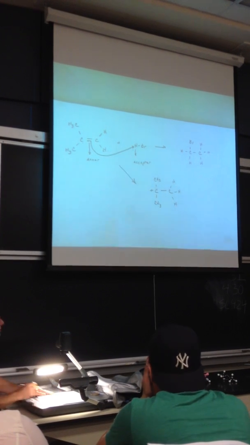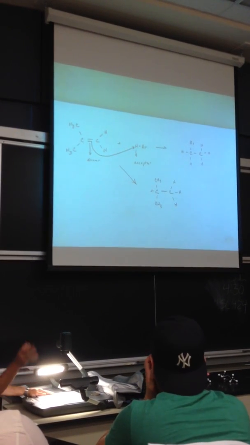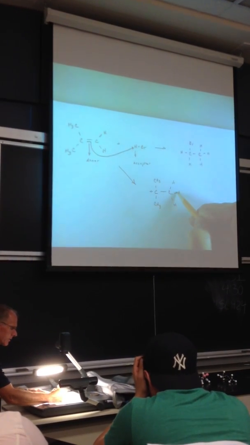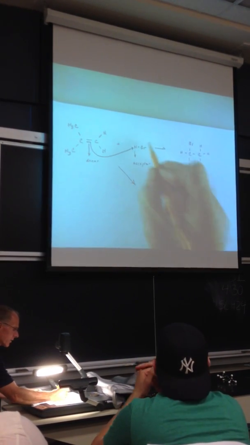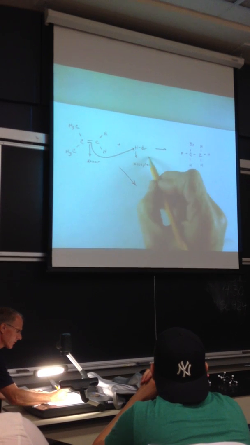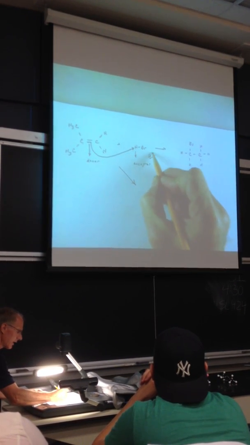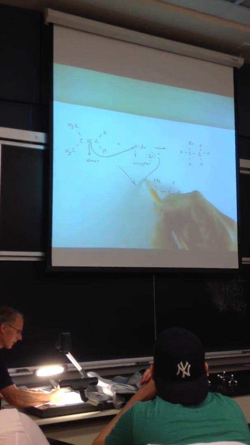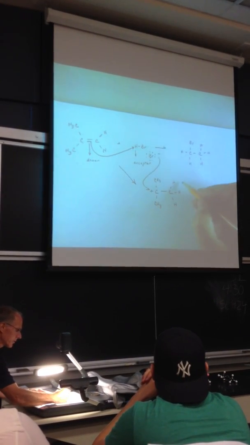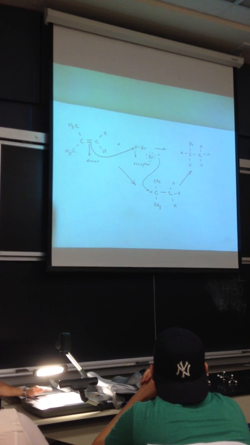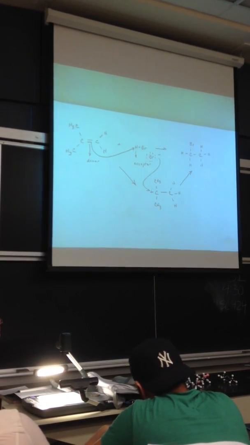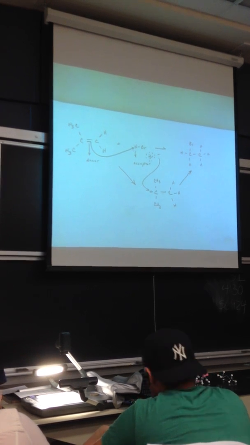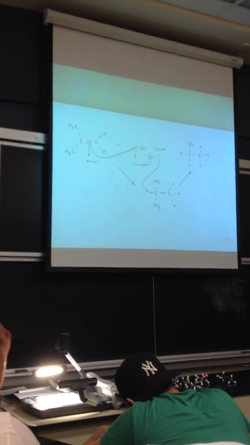You notice it didn't substitute anything, it didn't push anything off, it just added to the molecule, that's why it's called an addition reaction. Then this species right here undergoes a reaction with the Br minus that's left behind, so you have the Br minus with its lone pairs, and this comes down here, a pair of electrons, and associates with this species right here, forming this guy right here. Okay? So this is an electrophilic type of addition reaction.